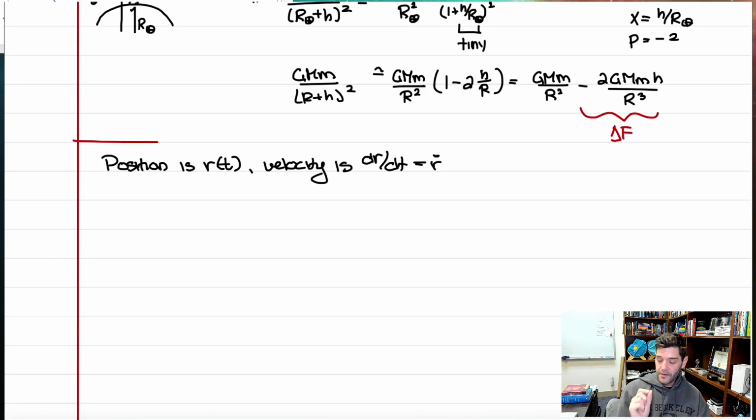But I also know that velocity is telling me how the position is changing as a function of time, right? This expression, dr over dt, has units associated with it: position over time.